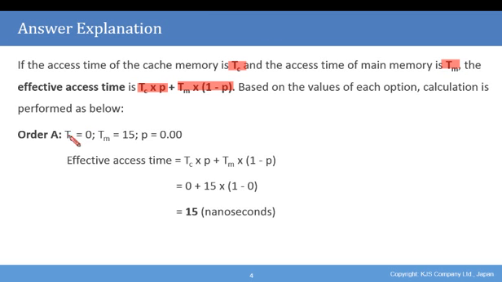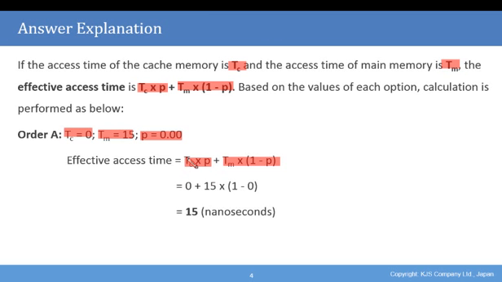Order A. TC is equal to 0, TM is equal to 15, and the probability is equal to 0. The effective access time is therefore TC times P plus TM times 1 minus P, as we've described up here.